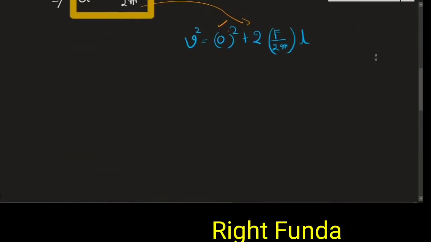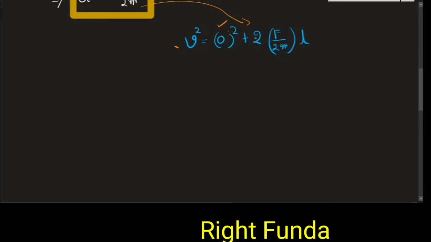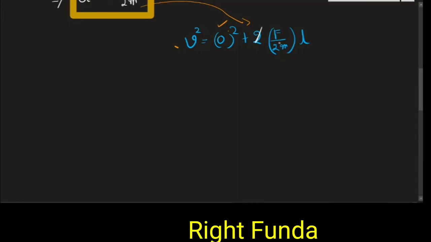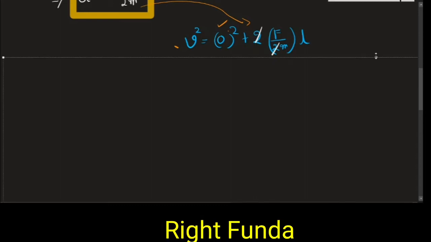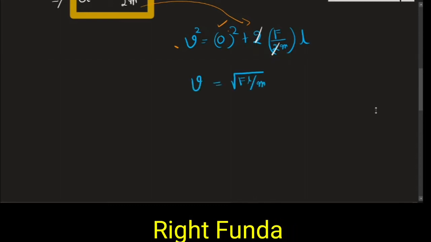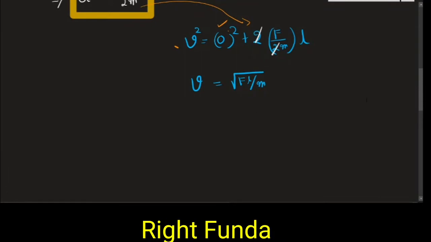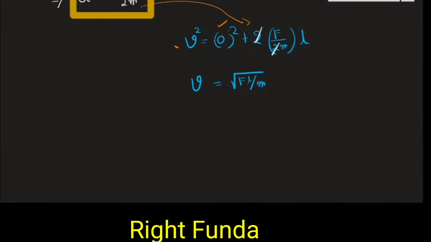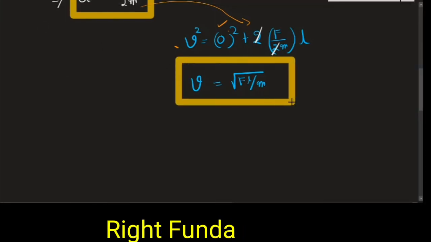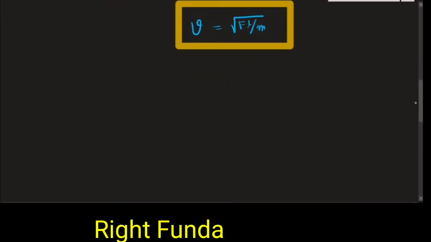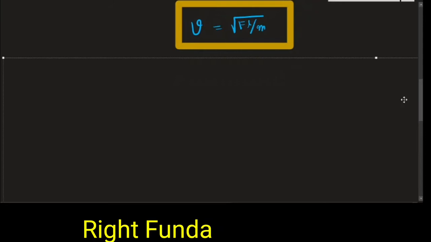I can simplify this and cancel the 2 with 2, and the speed just before striking will be v equal to under root of FL by m. That is another result we obtain. Okay. Now this is the velocity there. Then what will happen?